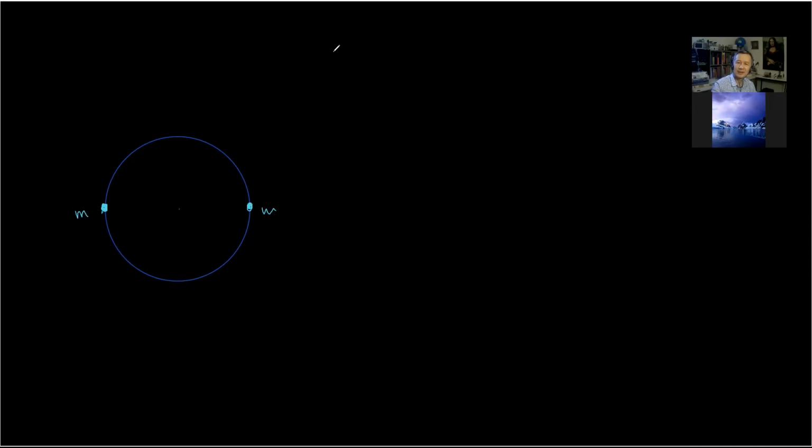In the case of the Sun, the mass center is not moving because the Sun is too heavy. So the mass center for the Earth is very close to the Sun. That is why we just assume that the Sun is fixed. So this is the mass center, and that is also the center of the circle.